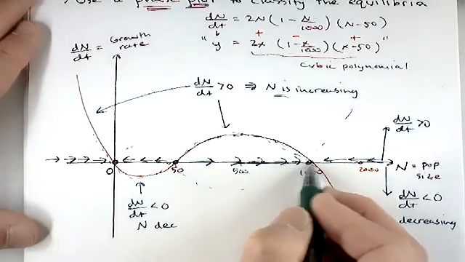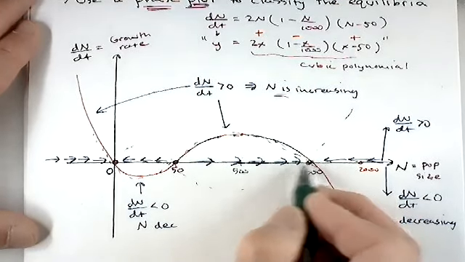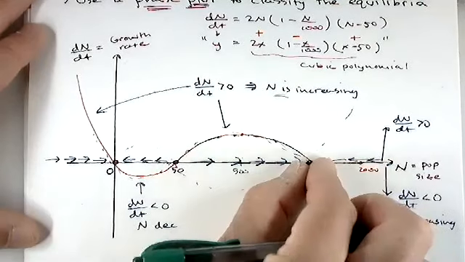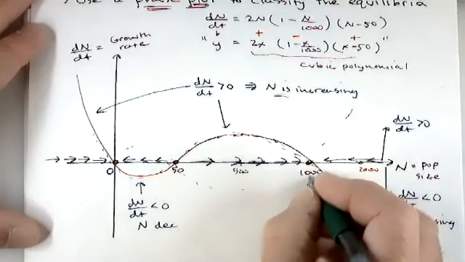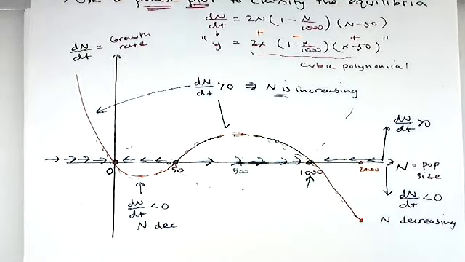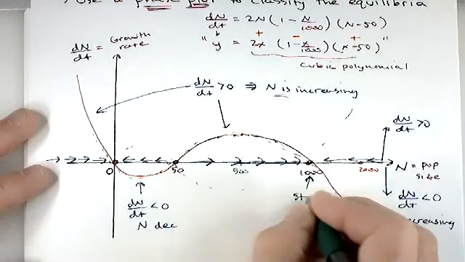So if we move either way, if the squirrel population dips below or just bigger than 1,000, it comes back. And that's a characteristic of what kind of stability, stable or unstable? That is stable. Exactly. This is stable.